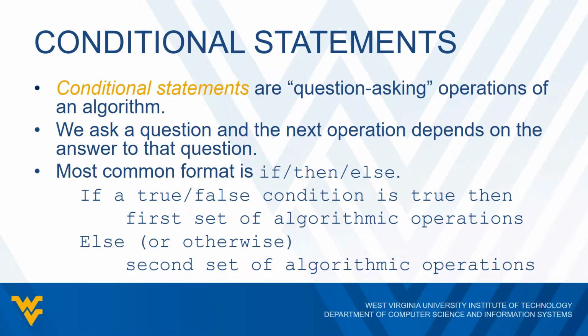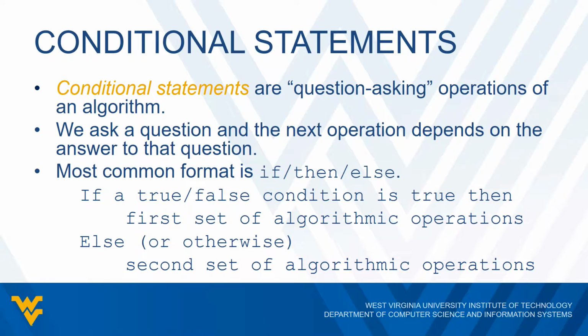We would say if some condition, and usually this condition is something that's either true or false. If this condition is true, then we perform the first set of algorithmic operations. And if it's else, or otherwise, meaning it's false, then we do the second set. Let me break down the meaning of this statement.